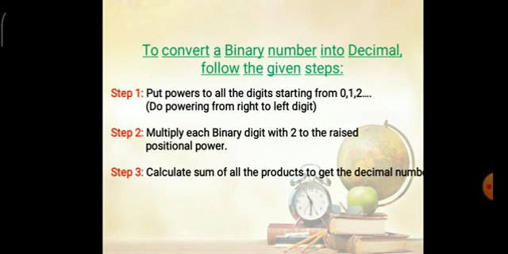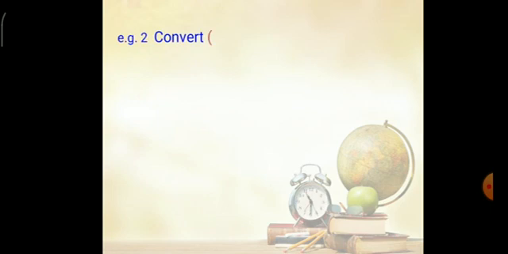Let's have one more example. Convert 111 into its decimal equivalent, meaning 111 of binary into decimal, meaning the human readable format.